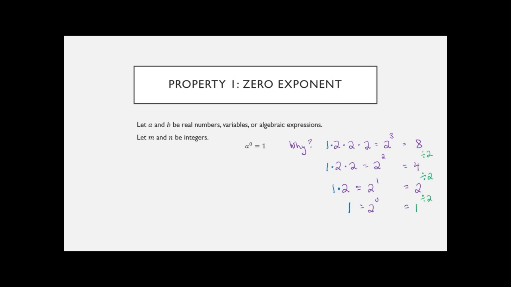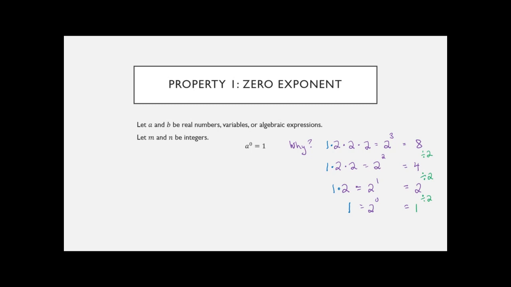So there are two different ways to think about why something to the 0 exponent is equal to 1. First is looking at the pattern of if you're actually writing out the multiplication and seeing that you can always have a 1 there. So if there's none of the actual base, it's 1.